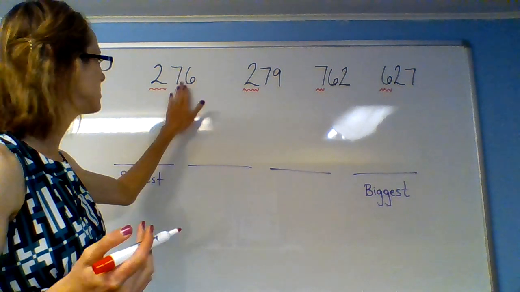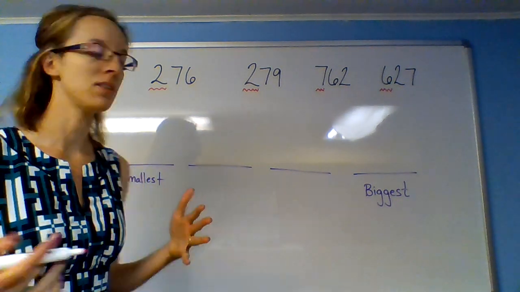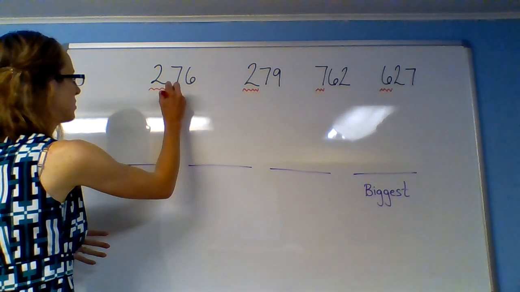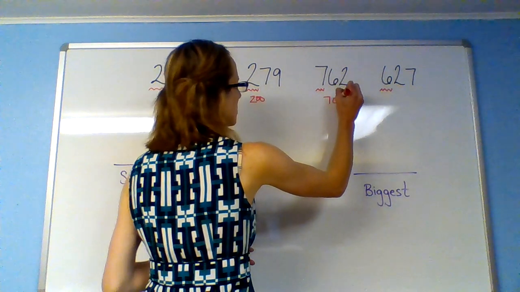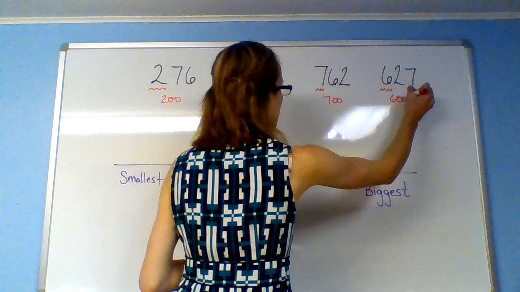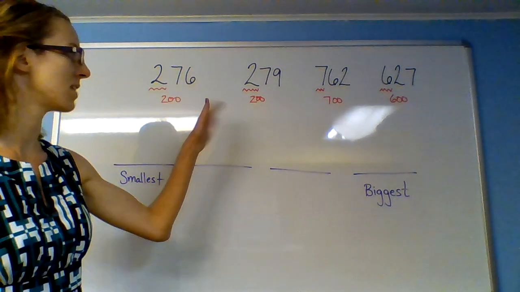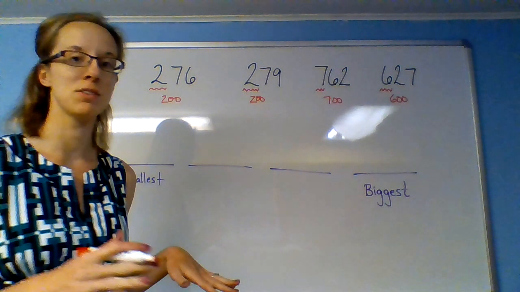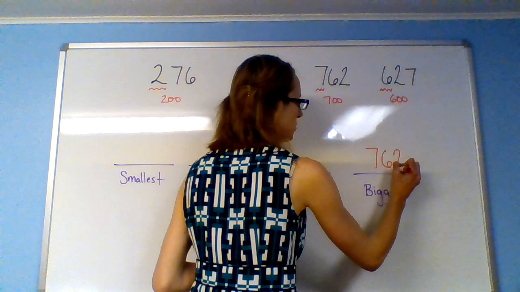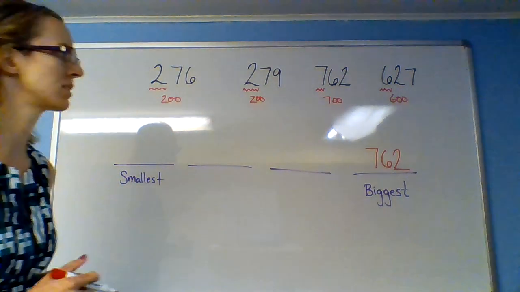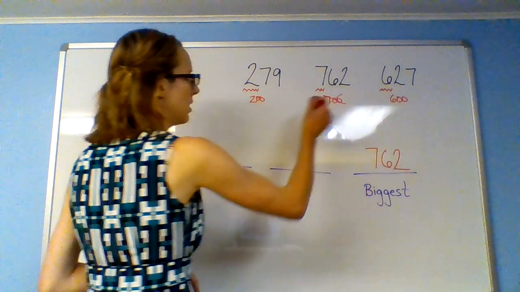So the tens and the ones don't matter. It's like we're comparing 200, 200, 700, and 600. 700 is bigger than any of those other numbers. So I can put 762 all the way in my biggest spot.